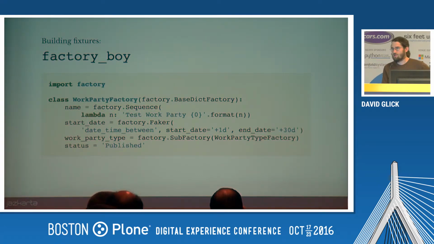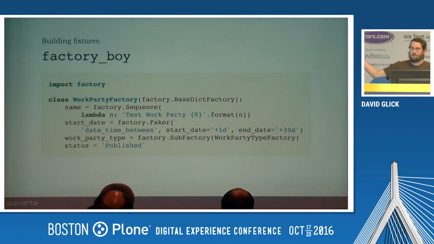Because we were doing all this talking to Salesforce, we wanted to be able to test things without actually talking to a live Salesforce instance. So we did a lot of creating fixtures using Factory Boy. Factory Boy lets you define a factory for your fixture, and then any time we need to get a work party for a test, we just call this thing, and it's got a sequence there that will increment something every time it gives us one.